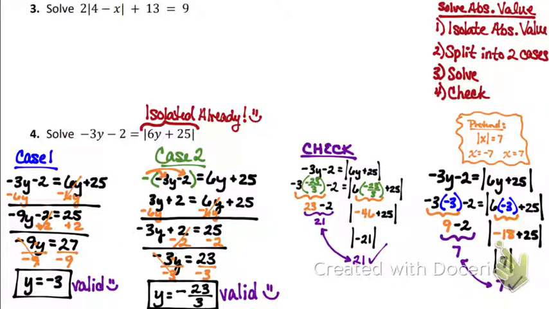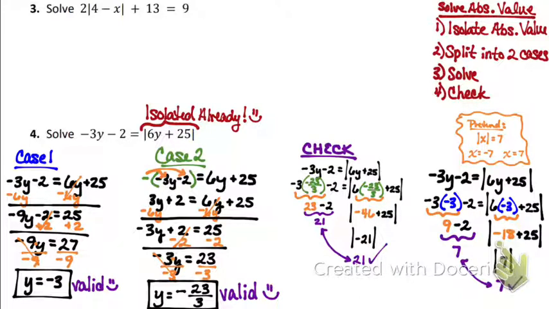We got two numbers that are both negative. We didn't get a positive answer and a negative answer, and they're not opposites of each other. I got a nice, pretty whole number, negative 3, and then this gross, horrible number, negative 23 over 3. But both of them worked.